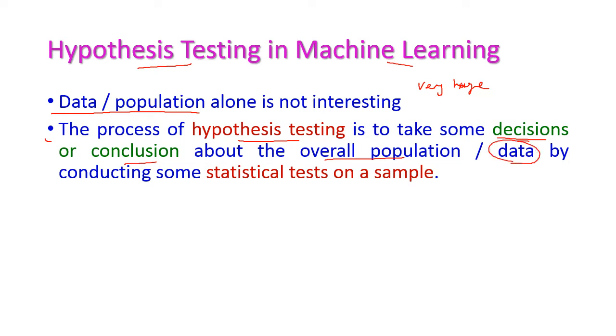Okay, by conducting some statistical test on the samples. So here the sample is nothing but randomly selected records from the overall record. See, if this is the entire population and this is called as sample, we have taken a random collection of the records. Okay, in machine learning this particular set of sample is called as training set. Okay, and this is the entire set of data.